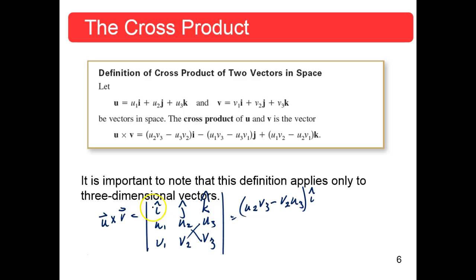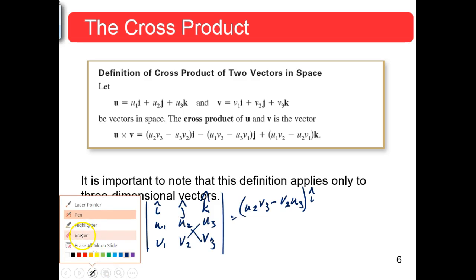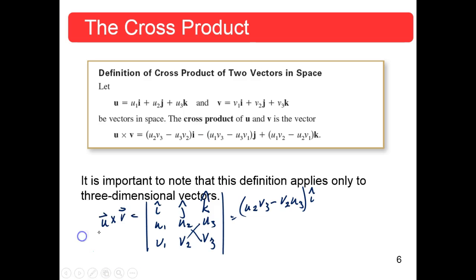Then we're going to go to the J. We're going to wipe out the J column and the first row, and take the determinant here. But what is J's position?